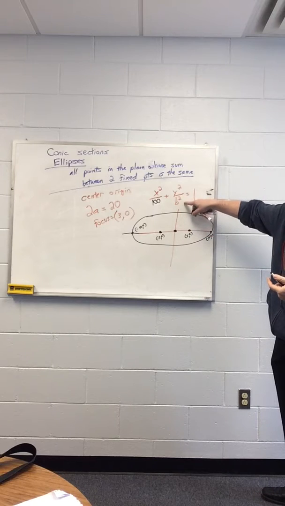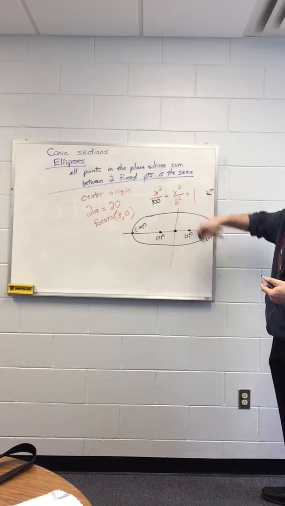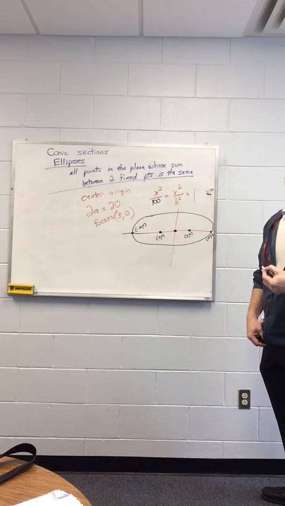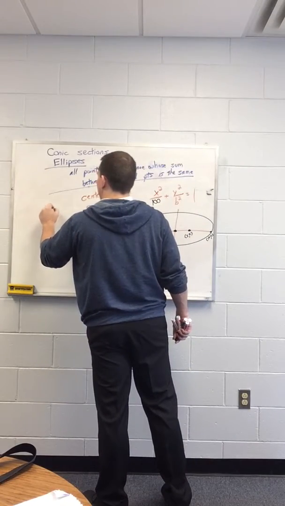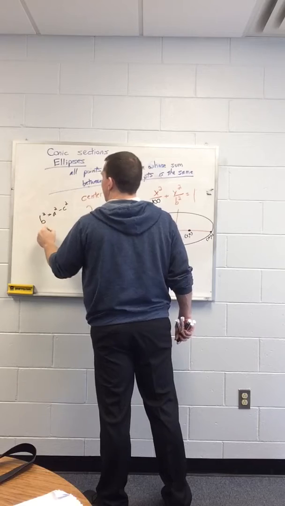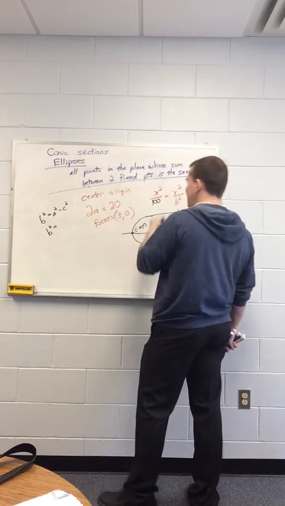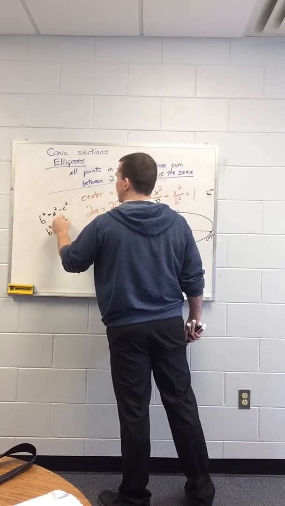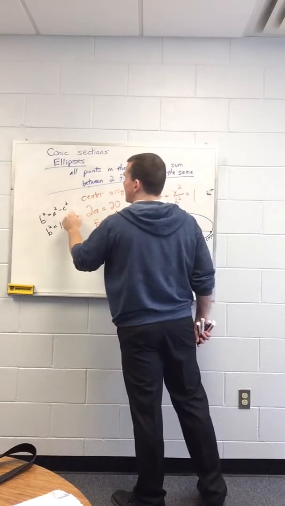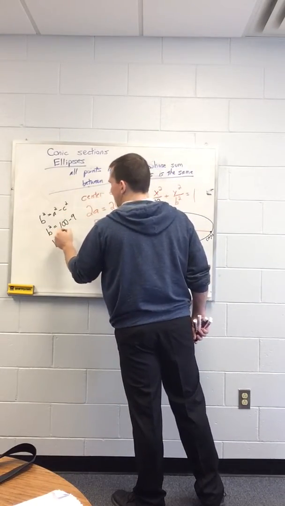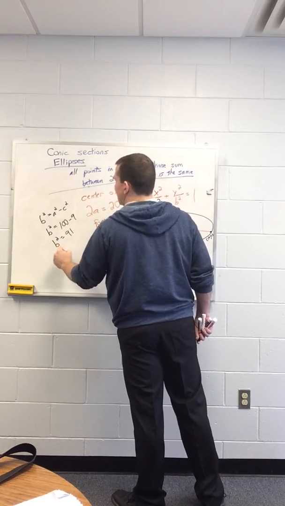Now to get my equation, and to maybe finish my graph, I just need to find b squared. But we have that identity. b squared equals a squared minus c squared. So b squared equals a squared, which is 100, minus c squared. c is 3, so c squared is 9. So b squared equals 100 minus 9, 91.